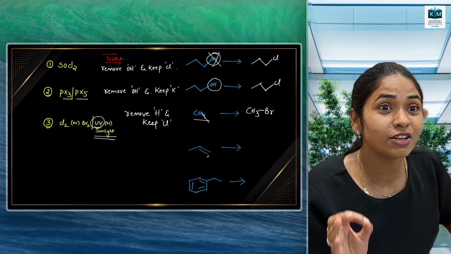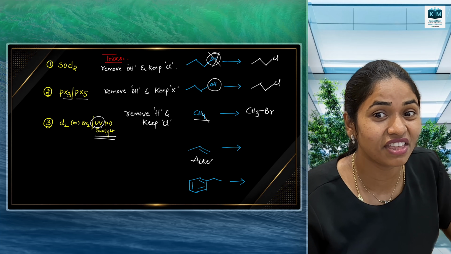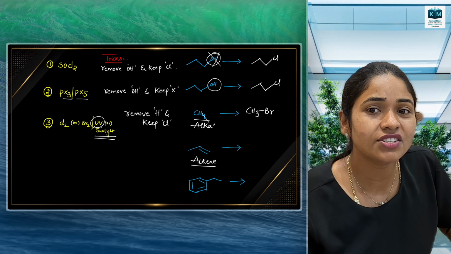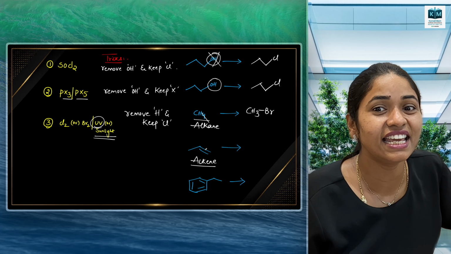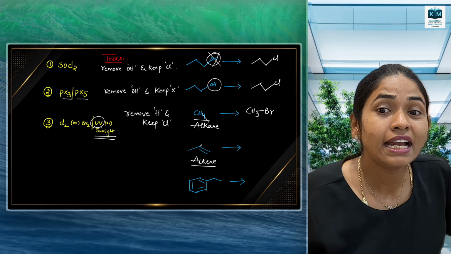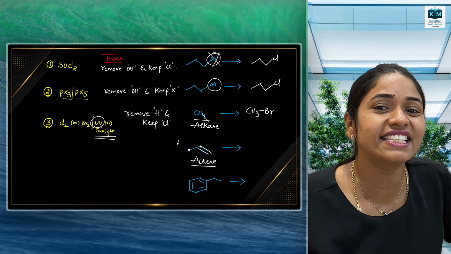And if they give alkane, just remove hydrogen, put a chlorine or a bromine. If you are doing allylic substitution and they give alkene in the exam, what do you mean by allylic position? The carbon next to the double bonded carbon is allylic.